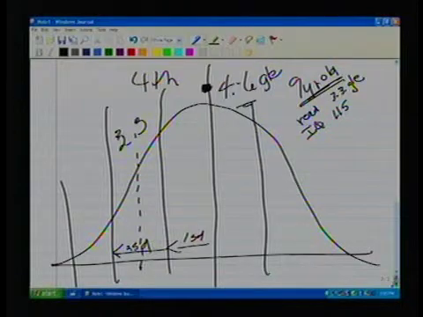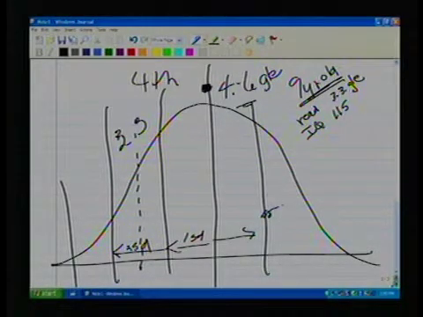It would fall exactly 1 standard deviation above the mean, because that's how IQ scores are made. The average IQ is 100, and each standard deviation is represented by 15 points. So 1 standard deviation above and below the mean goes from 85 to 115.